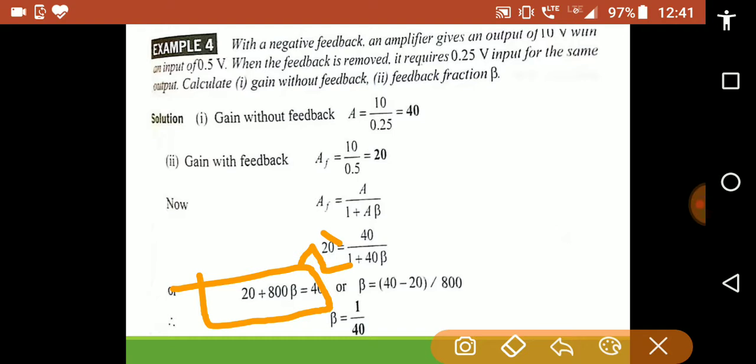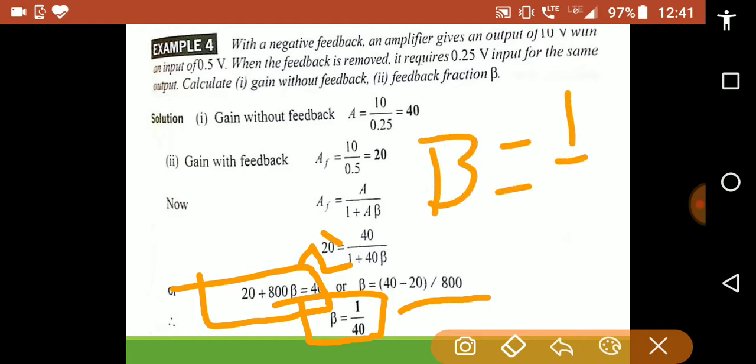So beta equal to 40 minus 20 divided by 800. So beta equal to 1 by 40. So here feedback fraction beta equal to 1 by 40. So this problem is solved, and let us see the next question.